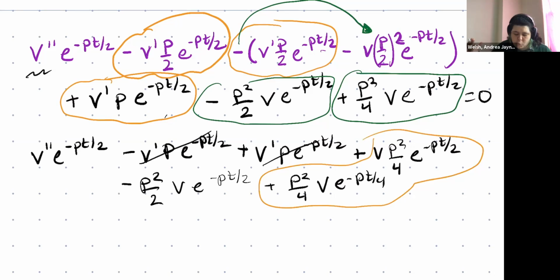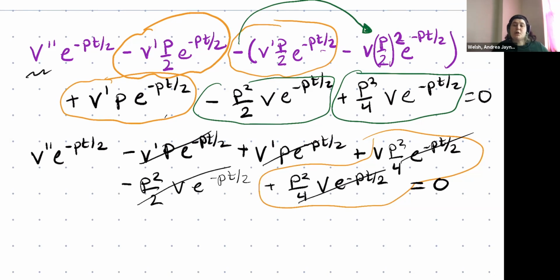Okay, so we can combine this term and this term here. We get this 1/4 and 1/4 of the same term. That's going to give us 1/2 of p squared v e to the minus pt over 2. And that is going to cancel with my p squared over 2 v e to the minus pt over 2.